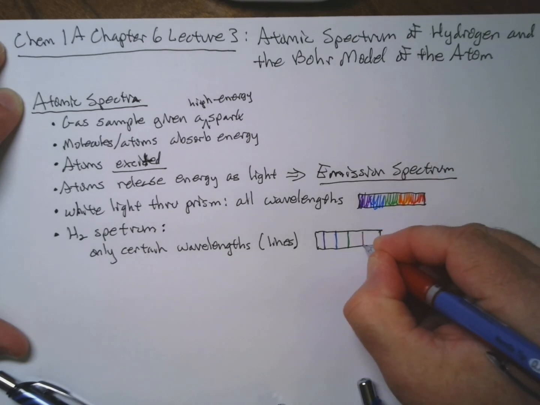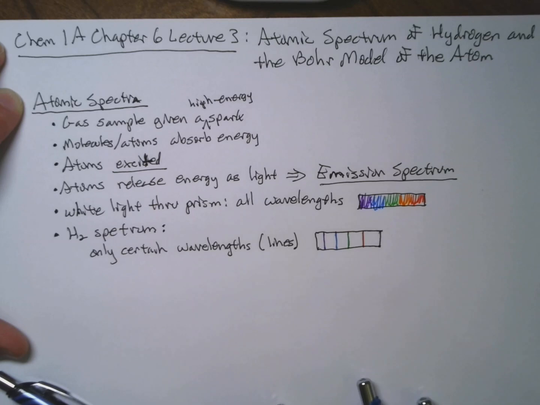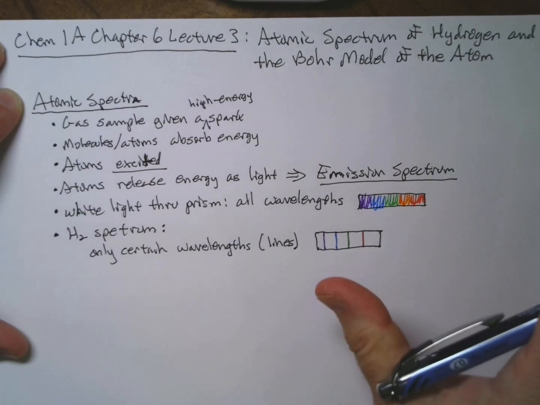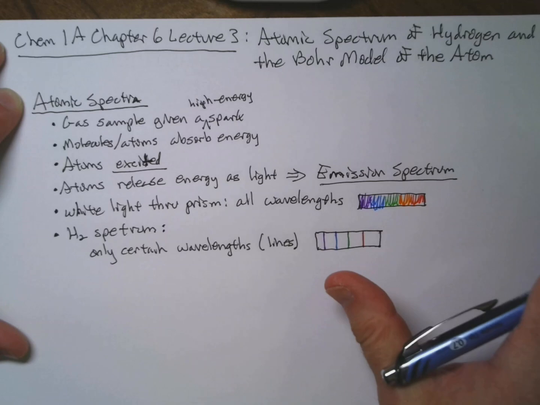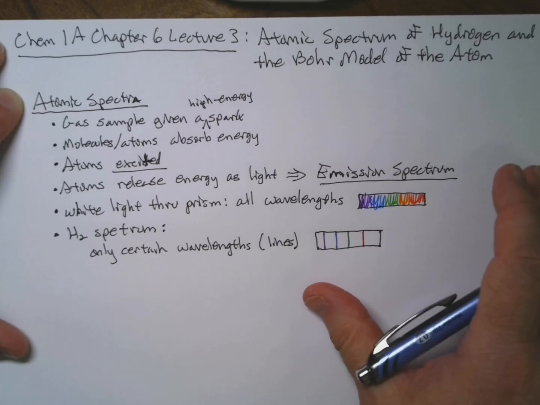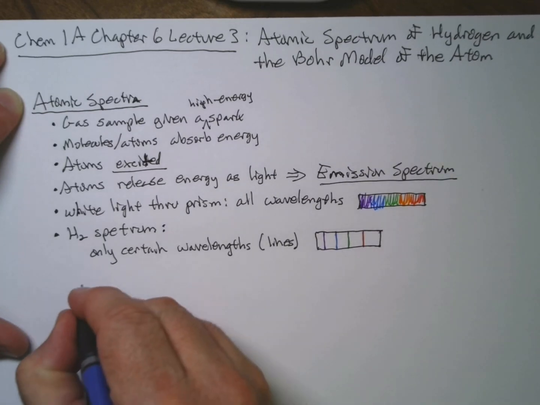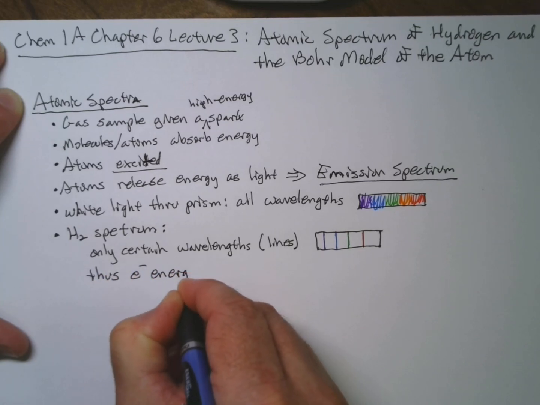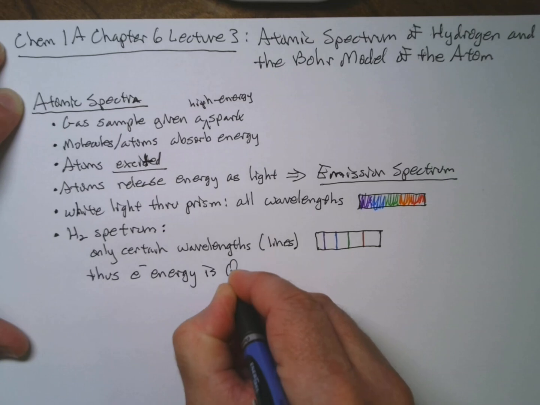These aren't exactly the right colors, but you'll see what the actual colors are when we do this lab in a couple weeks. So this means that only certain energies are allowed for the electrons in a hydrogen atom. Thus, electron energy is quantized.